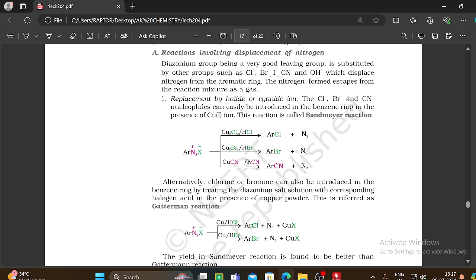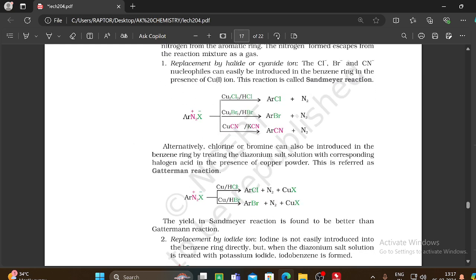Cyanobenzene is the product, right? And I have seen one word problem. Convert cyanobenzene into benzene diazonium chloride. In the reverse, how will you convert?